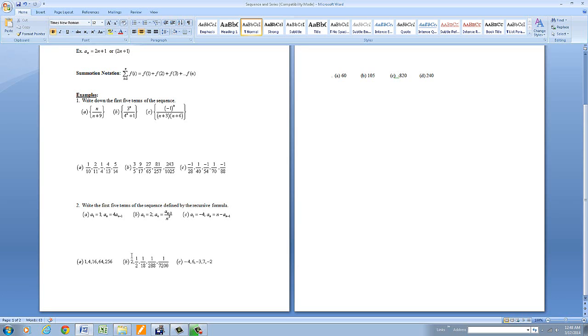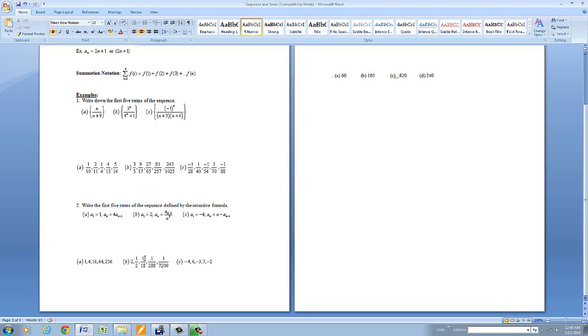So that would be 2 divided by 2 squared. So 2 divided by 2 squared is 2/4. Reduce it down and you get 1/2.